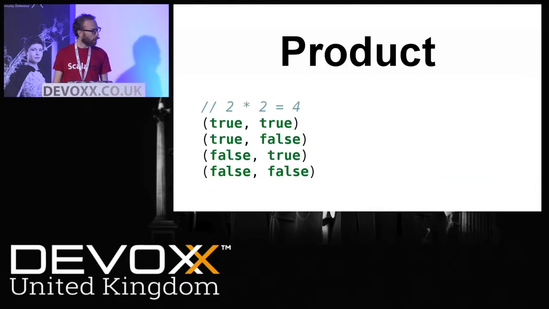Quite simple. And we call it product because if you think of types as sets, the number of elements, the cardinality, is a product of the cardinalities of the individual types. For instance, if I have a tuple of 2 Boolean values, the cardinality of Booleans is 2, and 2 times 2 equals 4. So that's why it's called product, amongst other reasons.